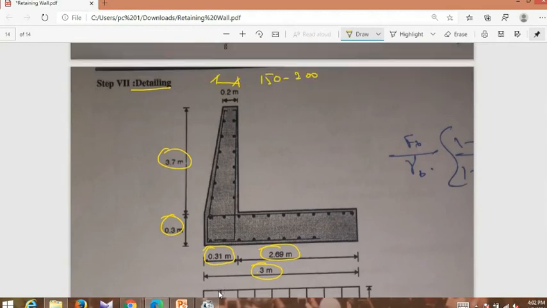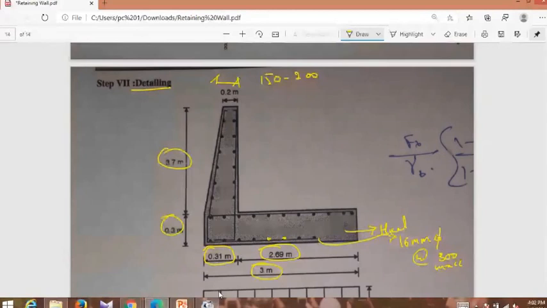So after all this, we designed and provided the number and spacing, it was 100 mm center to center, and these are nothing but the distribution bars. Then we have designed the stem.